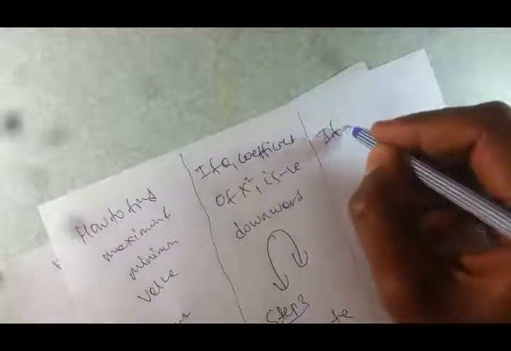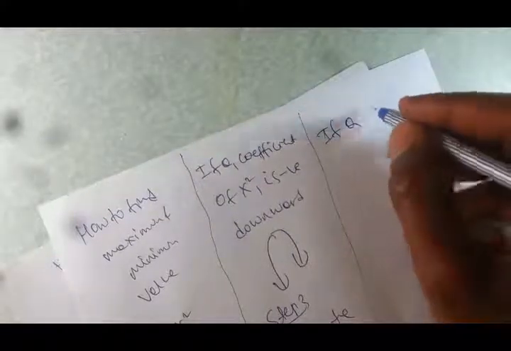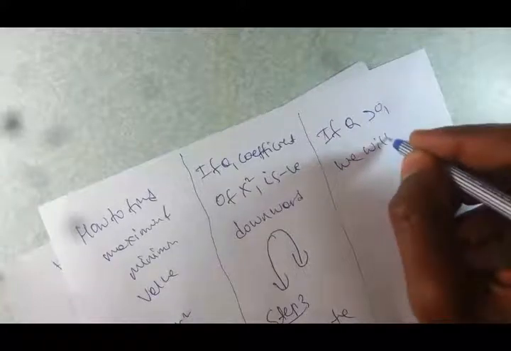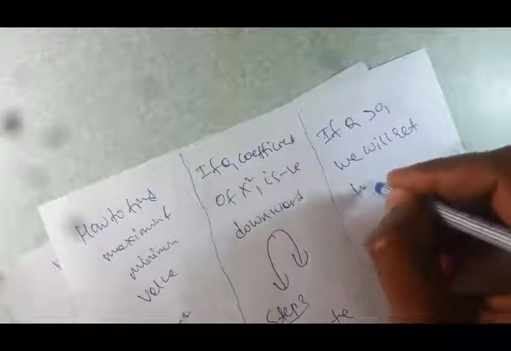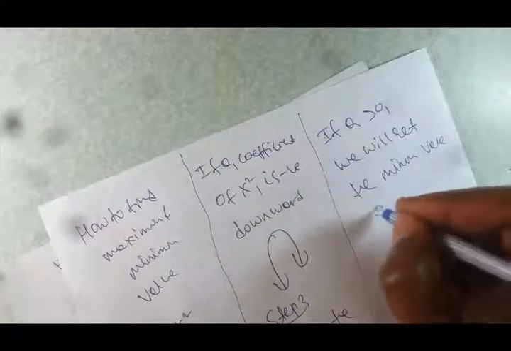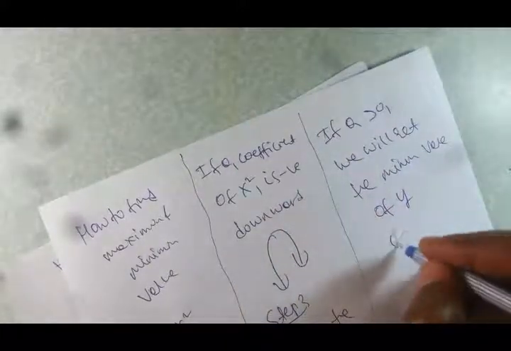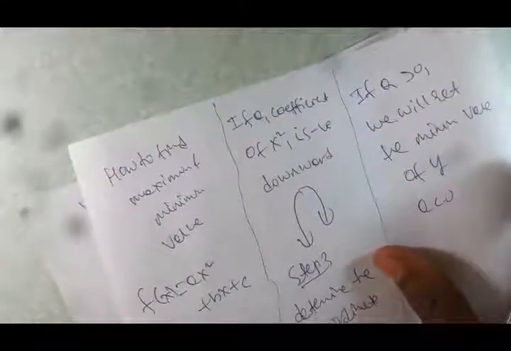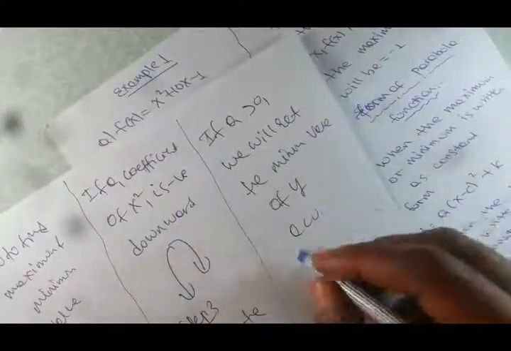And if a, the coefficient of x square, is greater than 0, we will get the minimum value of y, and if a is less than 0, we will get the maximum value of y. So let's work some examples.